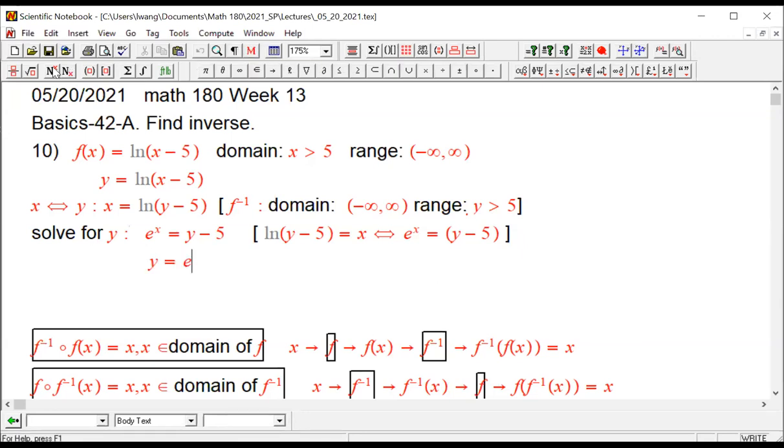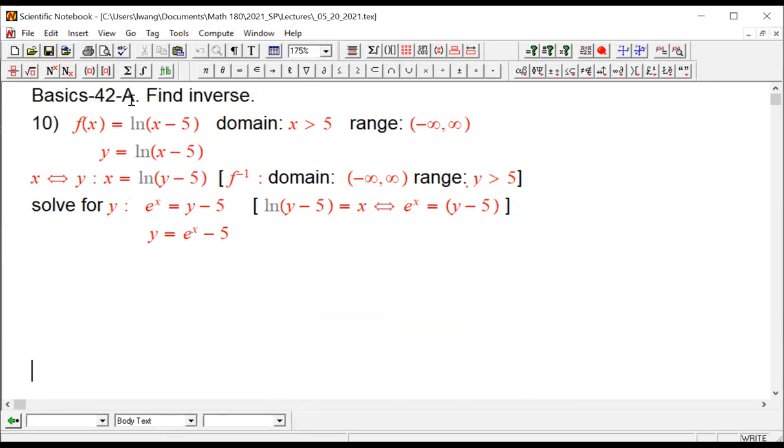e to the power x minus 5. So this is e to the power x shifting down by 5 units. So let's look at the graph. This graph, let me put f inverse here. That's e to the power x minus 5, right?